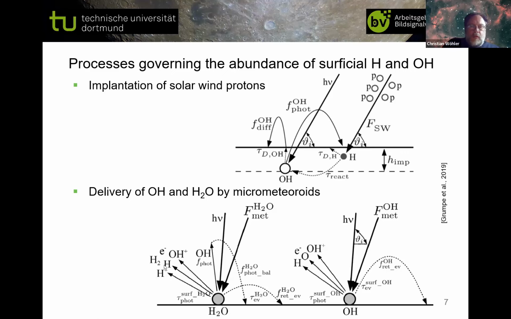So there are various species into which the H2O can decay, and the tau factors always denote characteristic timescales. Of course, the micrometeoroid-delivered hydroxyl can also decay into various species like H, O, OH plus, and free electrons, and then again evaporate and return, and can also photodissociate.